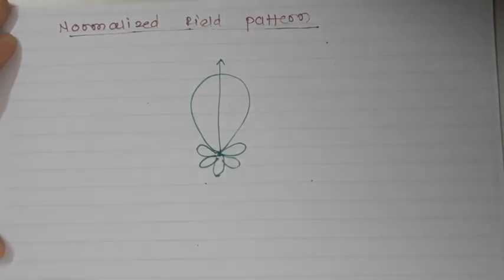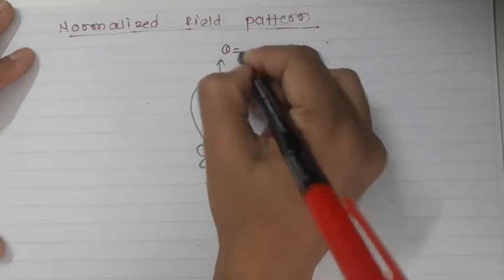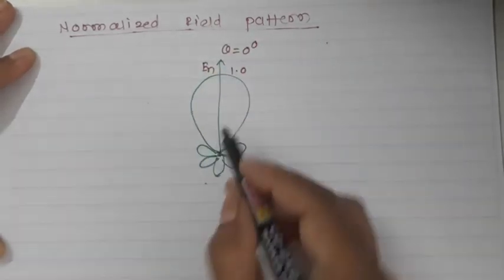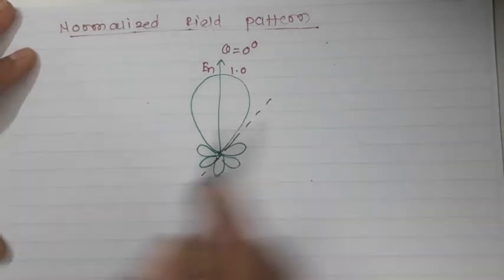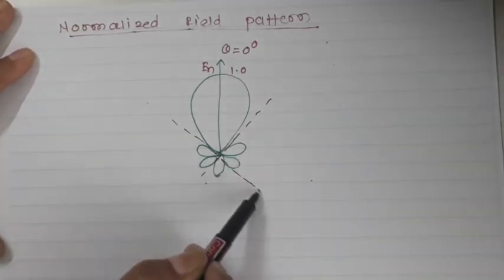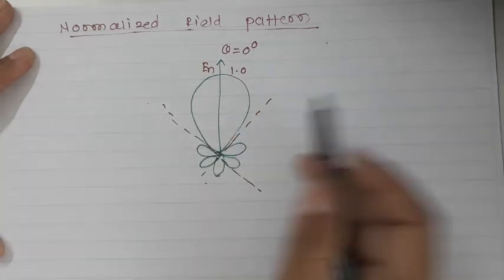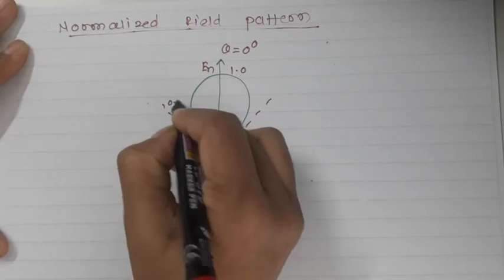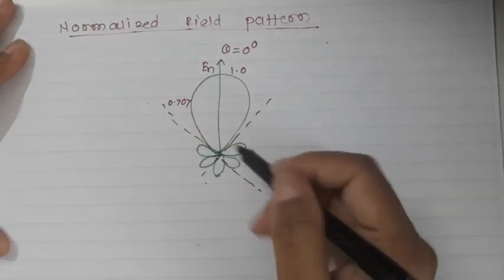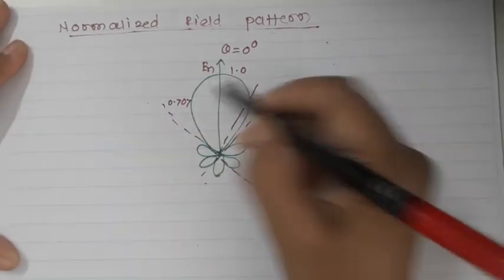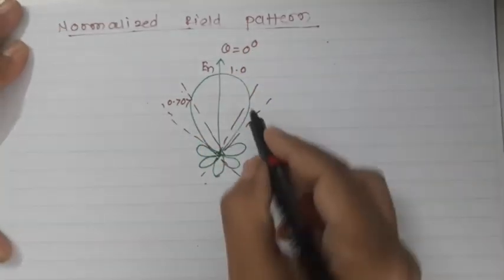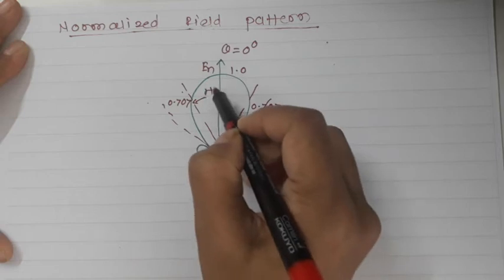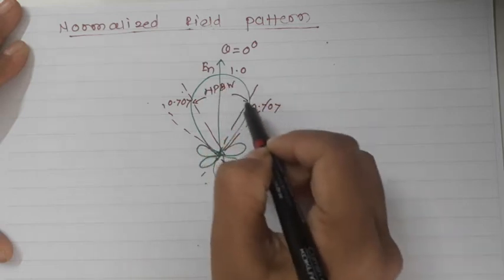When you normalize, at theta equal to 0 degree, E n maximum will be 1, and these are the nulls where you get zero power. When you come 3 dB down, or 0.707 down, this point will be called the half power, so this will be the half power beam width.